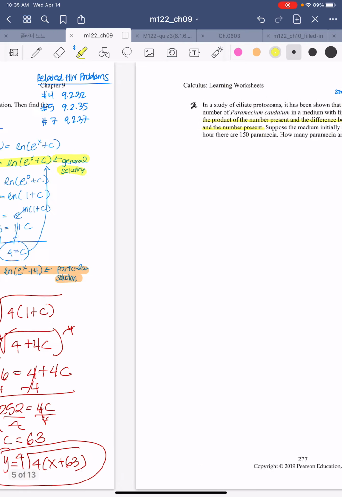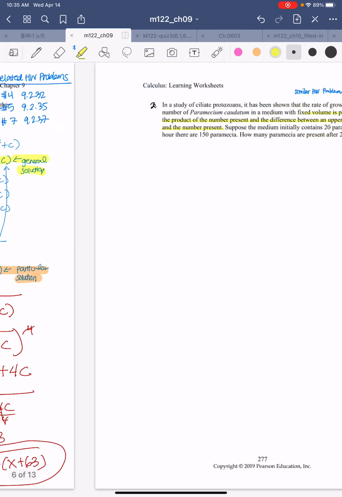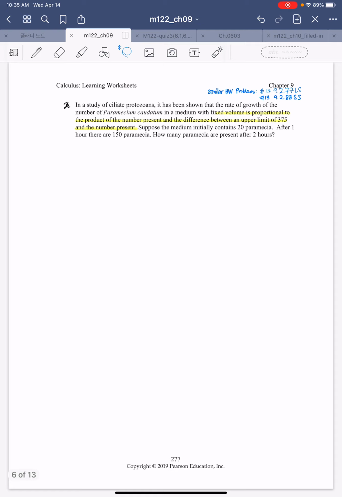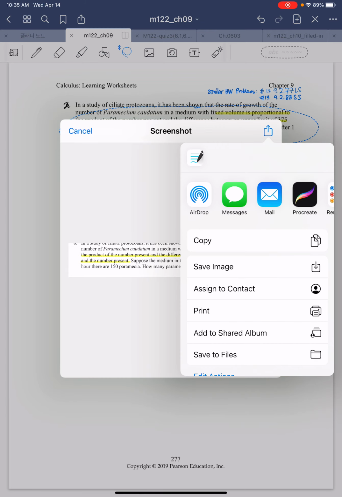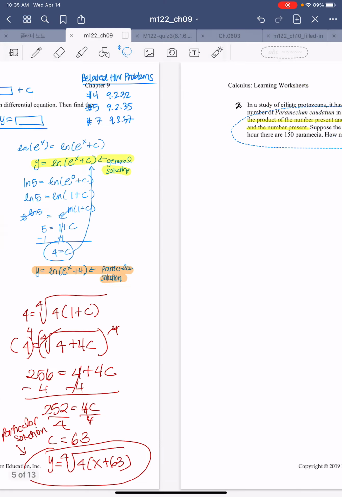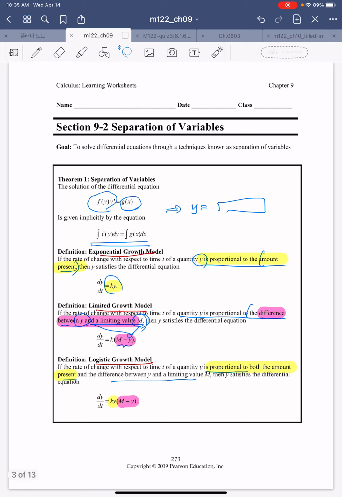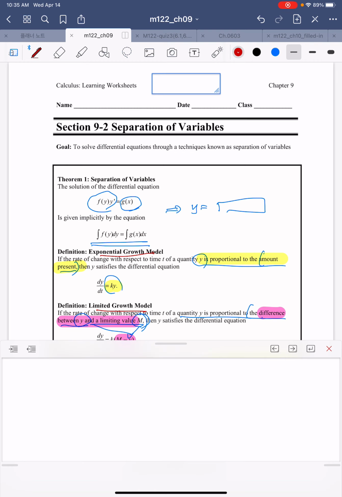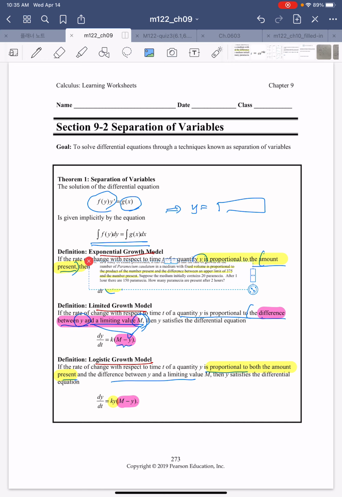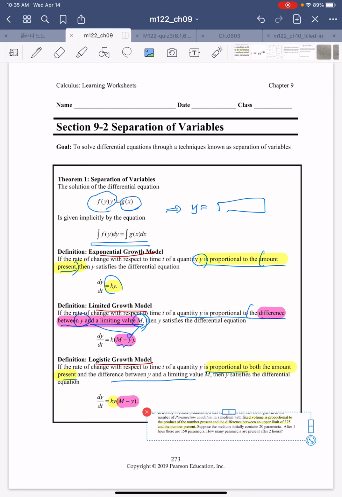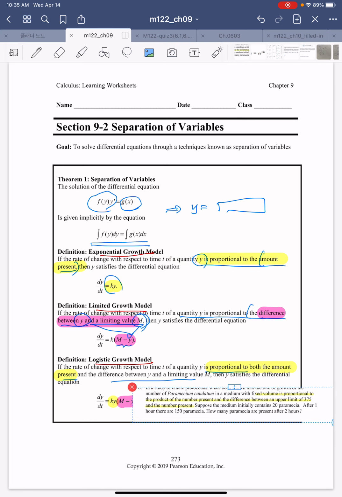So here, I'm going to screenshot what I just highlighted, and then put it right over here. And then check the wording of the question. Now take a look at this wording.